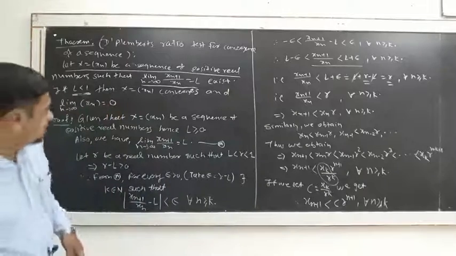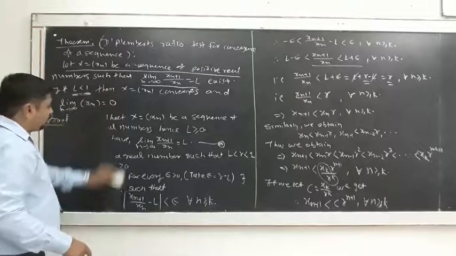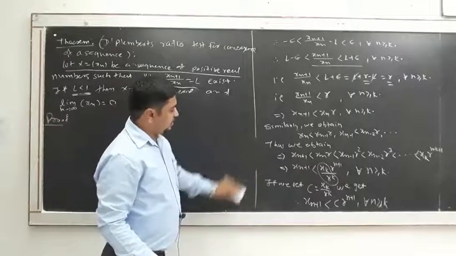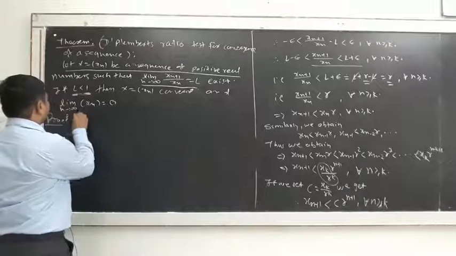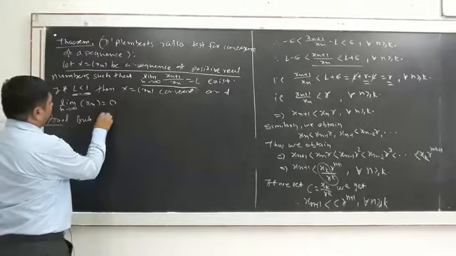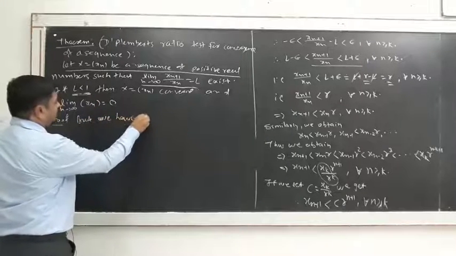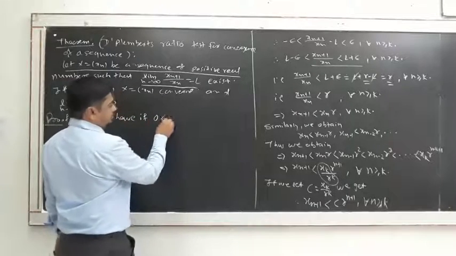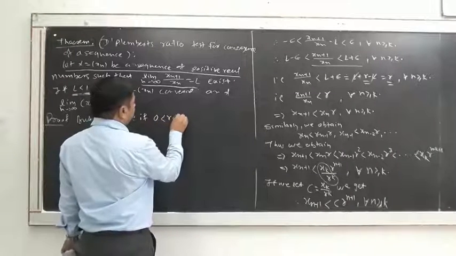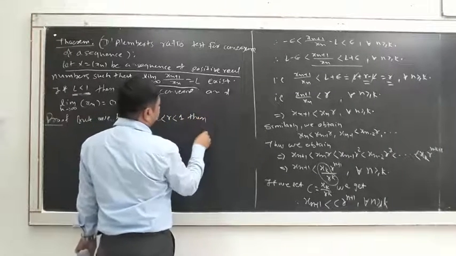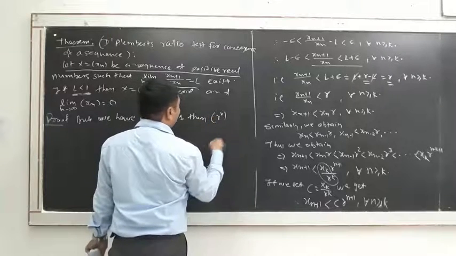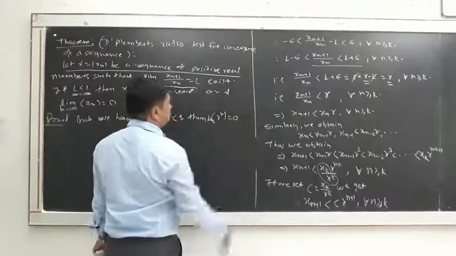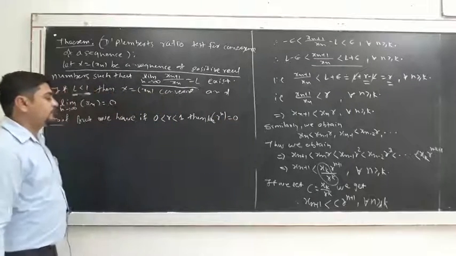And what is our r? r is in between 0 and 1. If 0 is less than r is less than 1, then the limit of the sequence r^n is equal to 0.